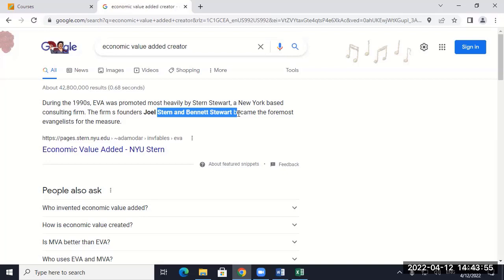Stern Stewart. So if you hear the name Stern Stewart, that's economic value added. During the 1990s, they came up with this concept, and it just took over like wildfire. A lot of people interpreted it. There were studies where they would ask investors, what's the most important thing you look at? And they would say EVA, that's the most important thing. So it became this really central thing to finance.